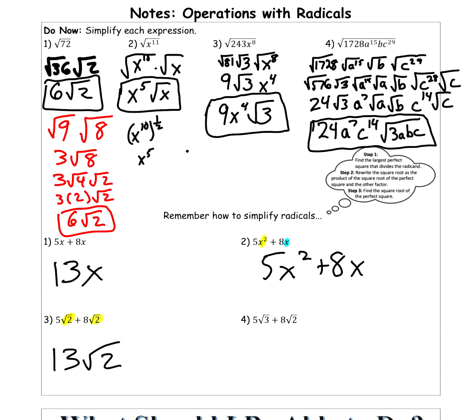And looking at number 4, these do not have the same radicals. They have a 5 radical 3 and then an 8 radical 2. These are not like terms, so you cannot combine them. That would be 5 radical 3 plus 8 radical 2. We cannot combine them.